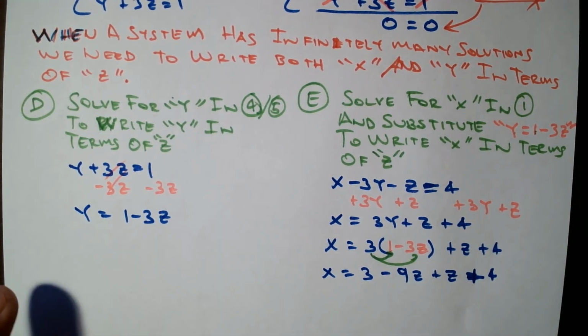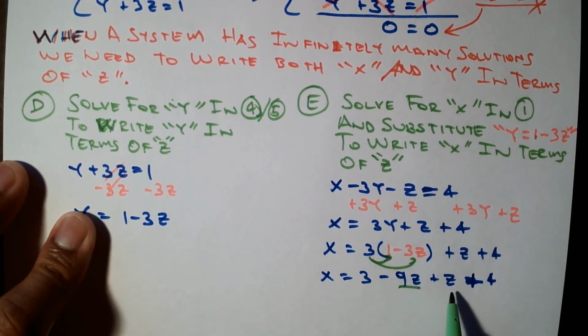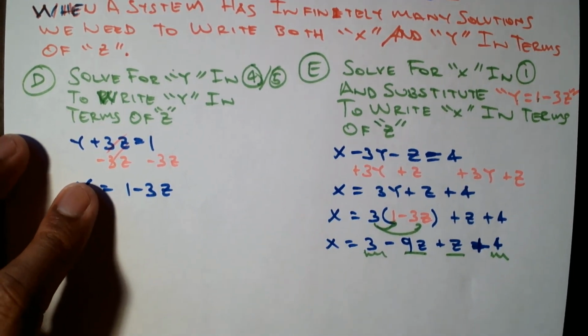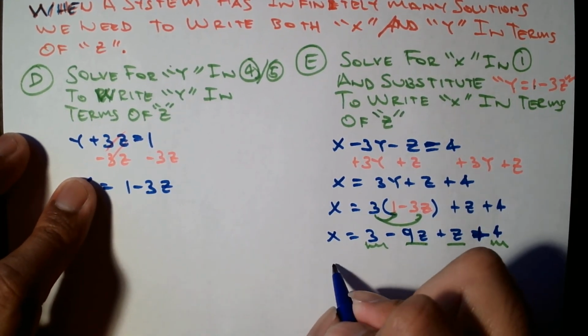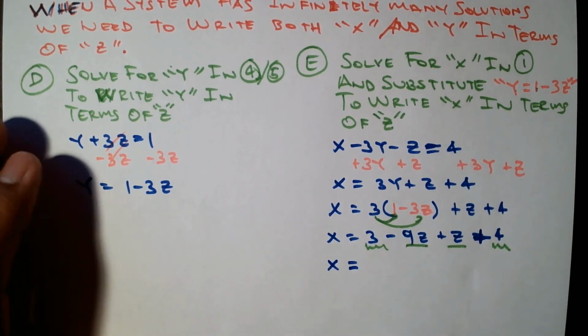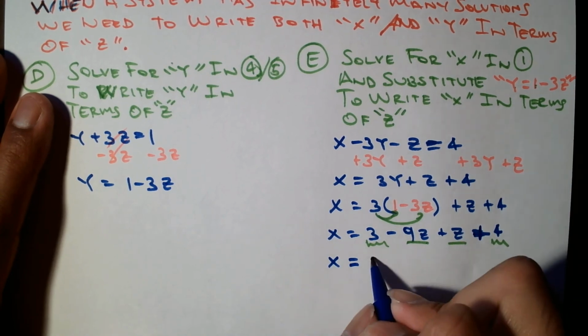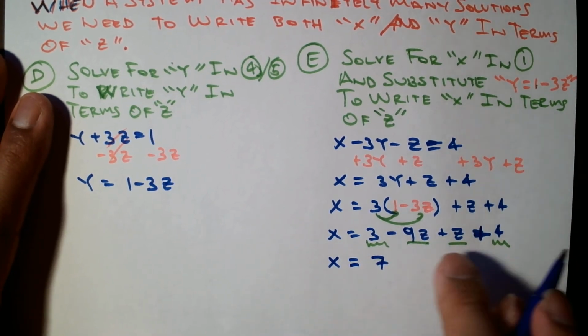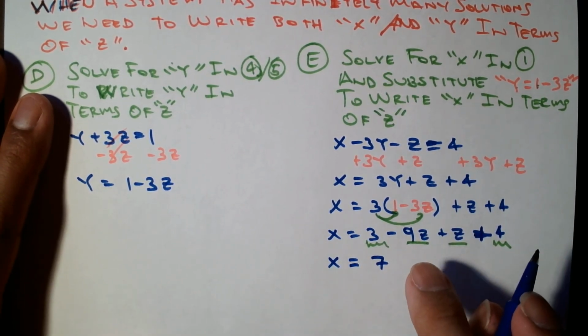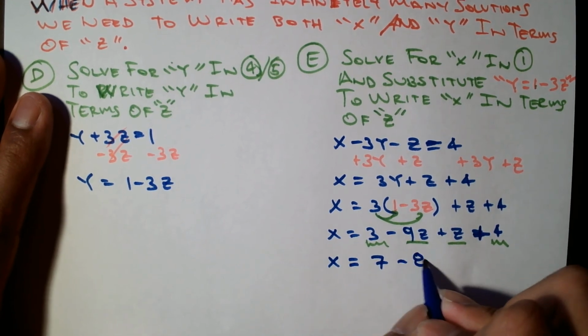Combine like terms, z's with z's, numbers with numbers. When I do this, I get x equals 7 minus 8z.